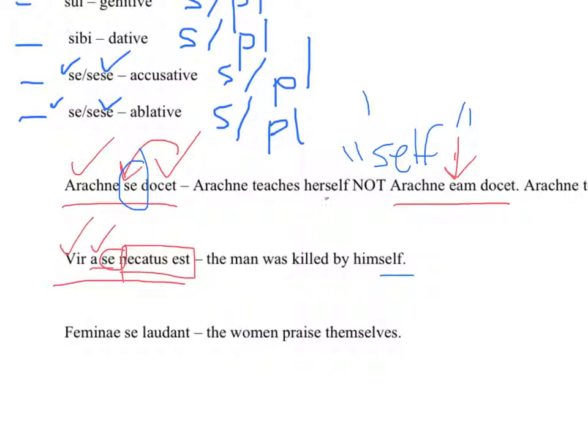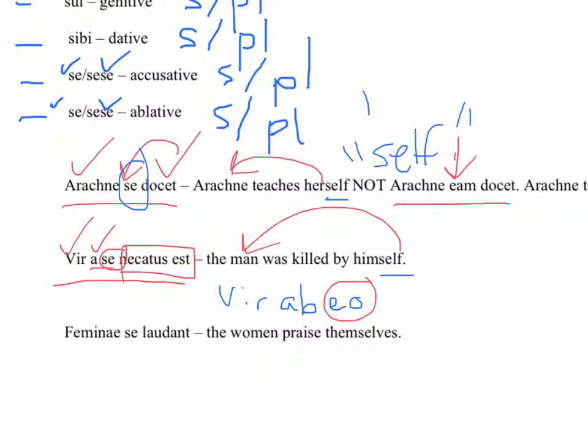If I put is, ea, id in this sentence, a vir ab eo interfectus est. If I put is, ea, id, in this case eo, that would mean the man was killed by him. But I want to say the man was killed by himself. I want to make it reflexive. I want to make this refer back to the subject. That's what reflexivity means.